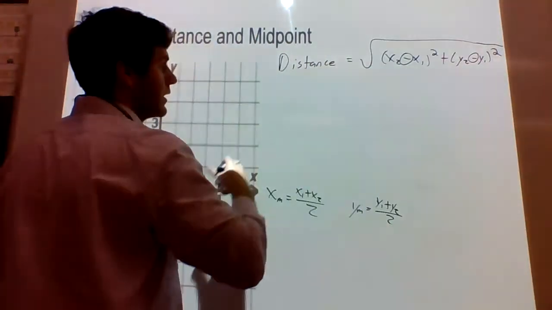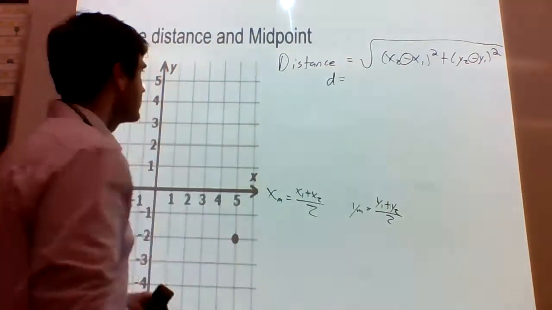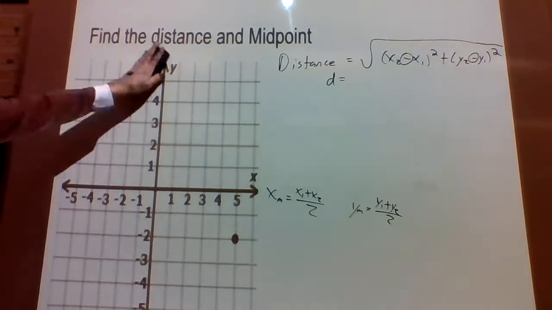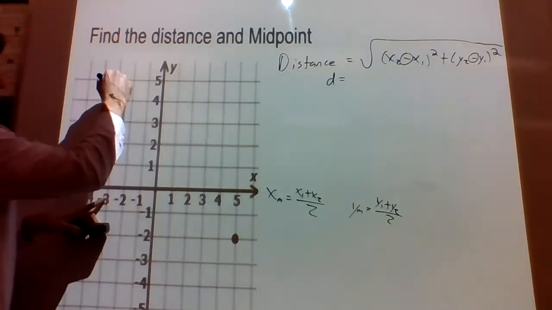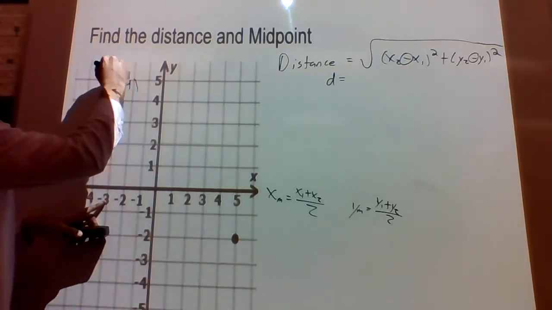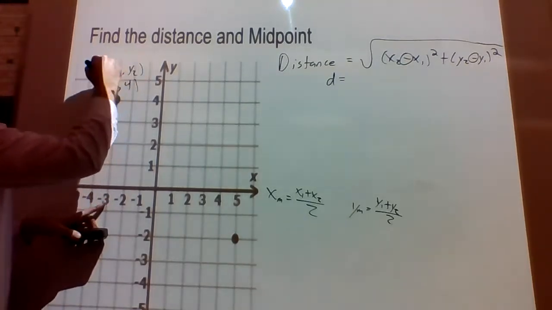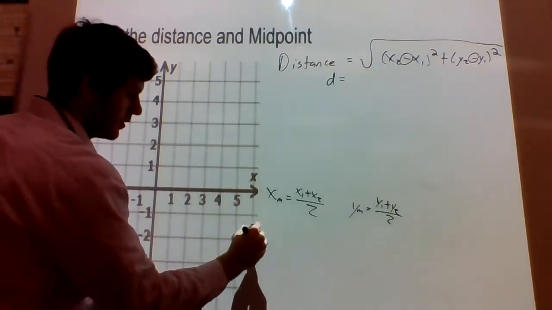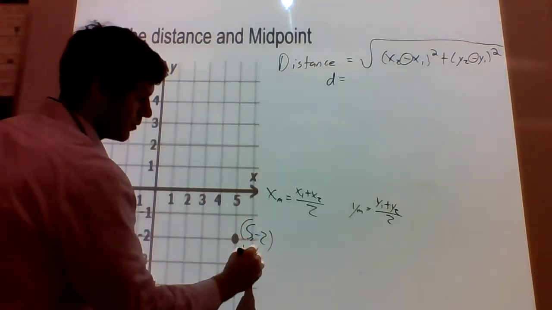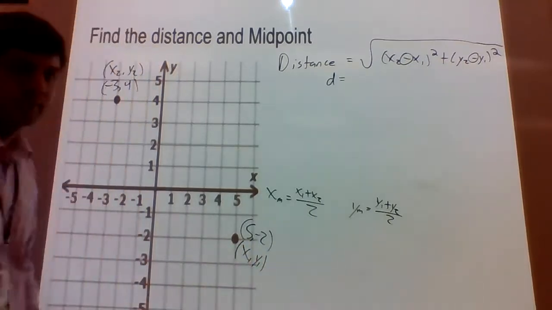Right. So we're going to get distance equals, again, we want to pick our points. This point right here is -3, 4. We'll make that x2, y2. This point is 5, -2, which we're going to make x1, y1.